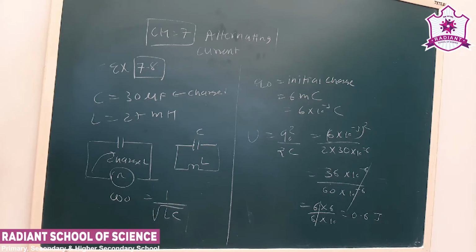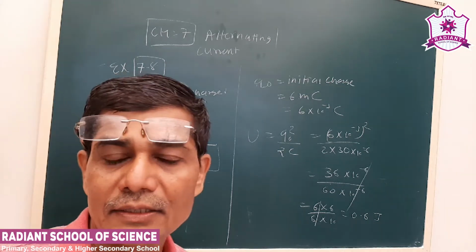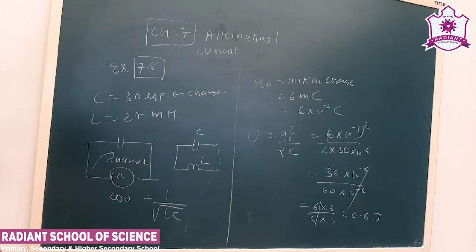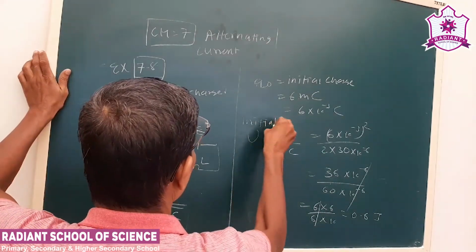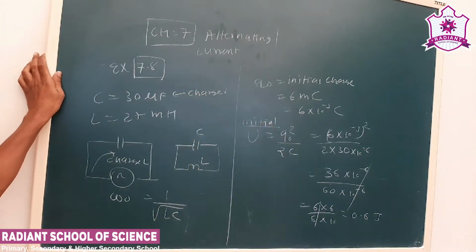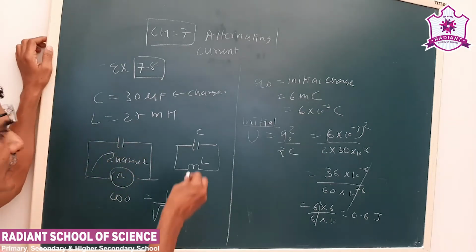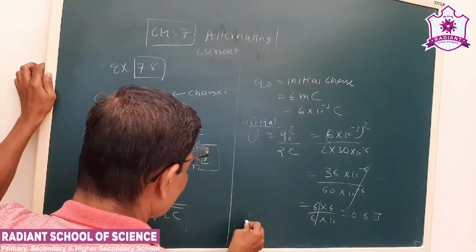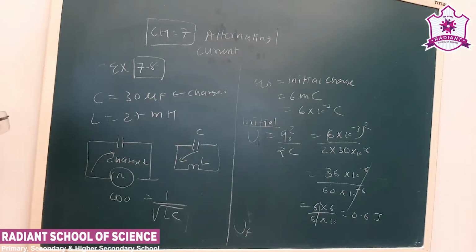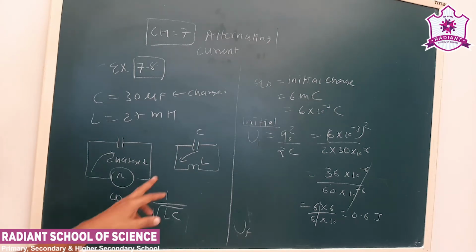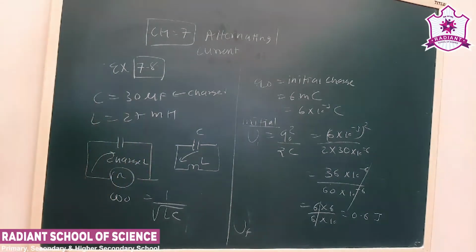The question asks what will be the final energy. We assume there is no loss in energy. That is an ideal condition, but right now we have to assume this. This is the initial energy, UI. Initially all the energy is in the form of electric field, and that will be converted into the form of magnetic field, half L i square, which is the energy of the magnetic field.